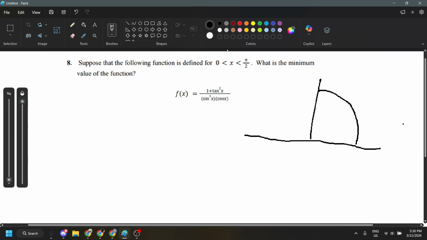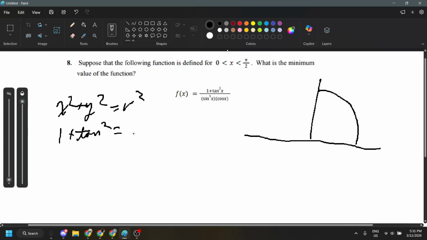Okay, cool. Let's see what we can rewrite. 1 plus tangent squared, I believe you can rewrite. If we have x squared plus y squared equals r squared, we divide by x squared, we get 1 plus tangent squared is equal to r over x squared.